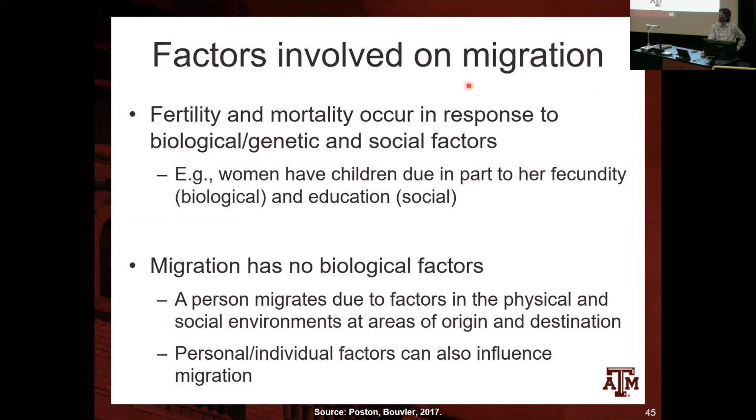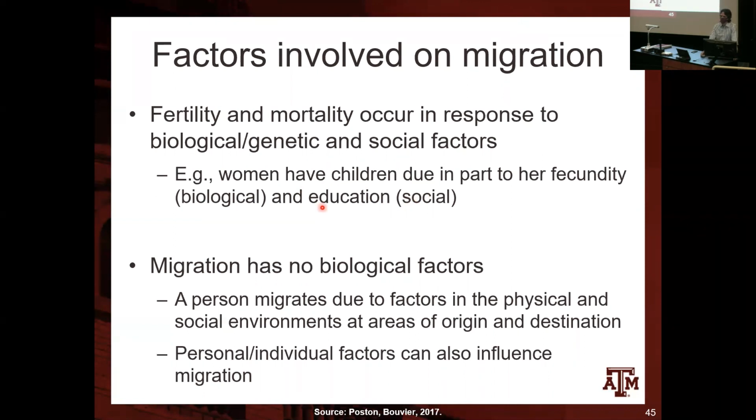And there are several factors involved in migration. And we talked a little bit already about fertility and mortality. And fertility and mortality, they happen in response to both biological and social factors, right? Women have children due in part to their fecundity, to their biological ability of having children, but also to a series of other social, economic, and demographic factors that I'm calling here social factors, such as education attainment, for example.